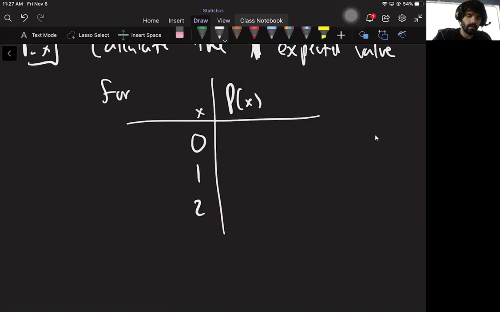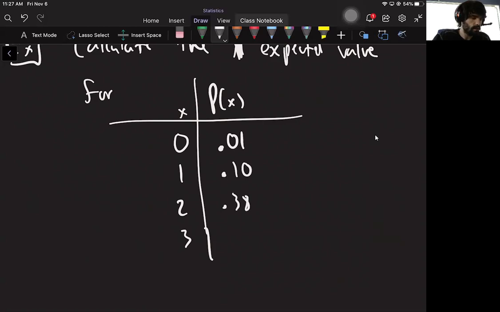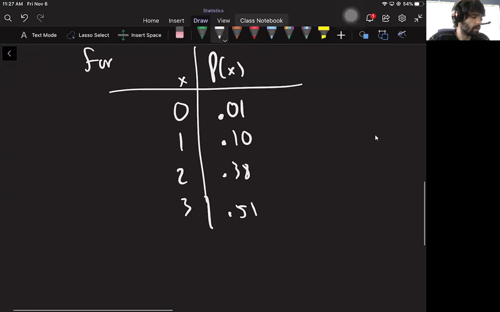So in this experiment, our little x could be 0, 1, 2, or 3. And our probabilities, I'll use decimals this time instead of fractions: 0.01, aka 1%, 0.10, 10%, 38%, and 51%. So that should add up to 100% to be good, right?